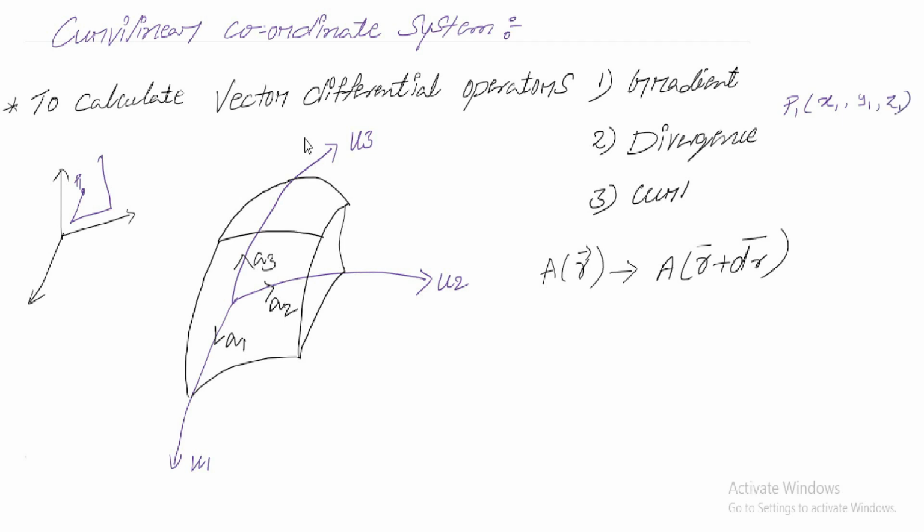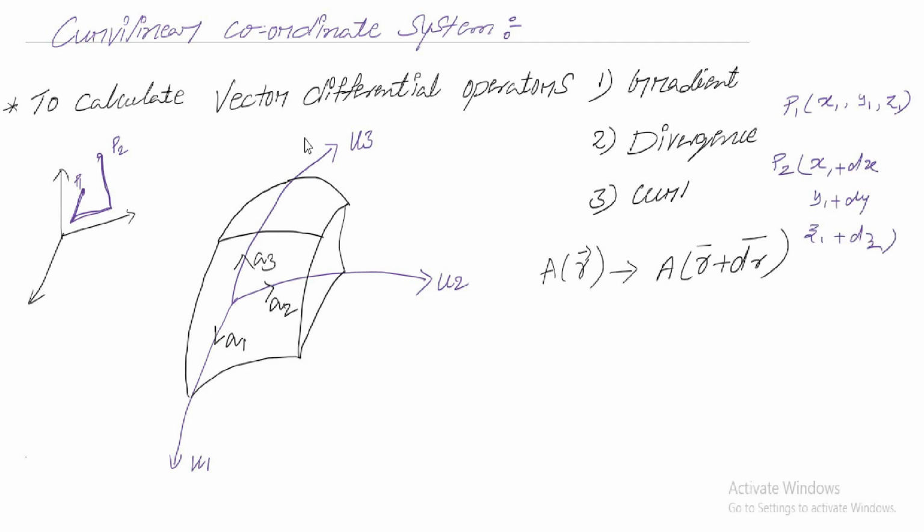If you extend this point along x, along y, along z, you are going to get a new point, that is P2. The P2 becomes x1 plus dx, y1 plus dy, z1 plus dz.